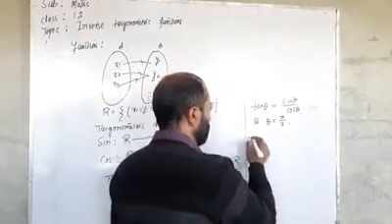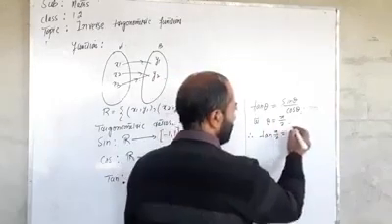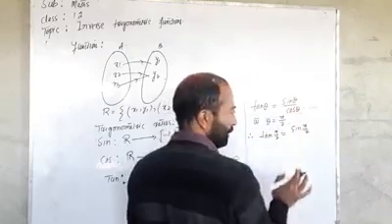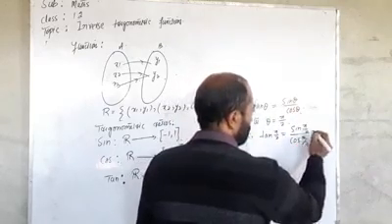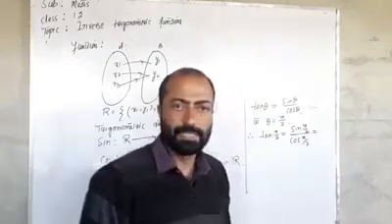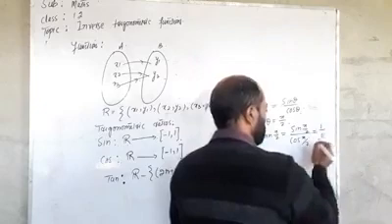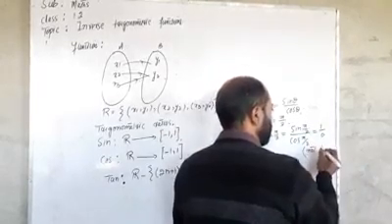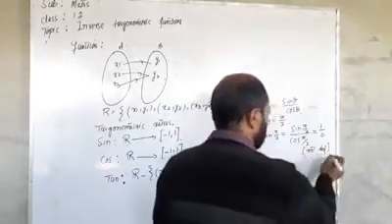So therefore, we can write tan pi by 2 as sin pi by 2 over cos of pi by 2, replacing theta by pi by 2. You know that sin 90 is equal to 1 and cos 90 is 0. That means this function is not defined at theta equal to pi by 2.